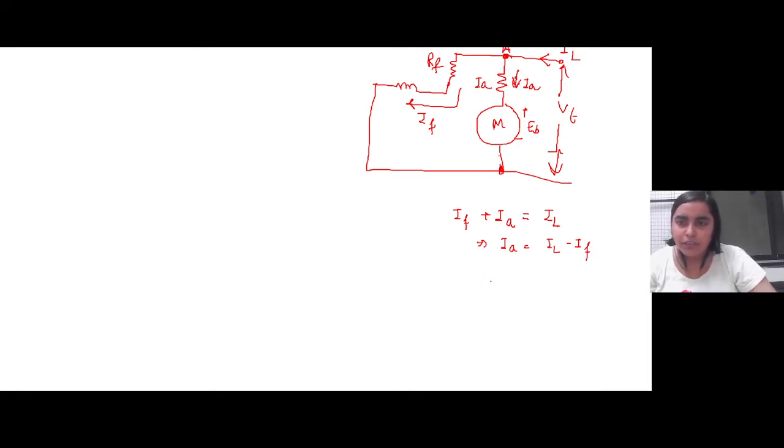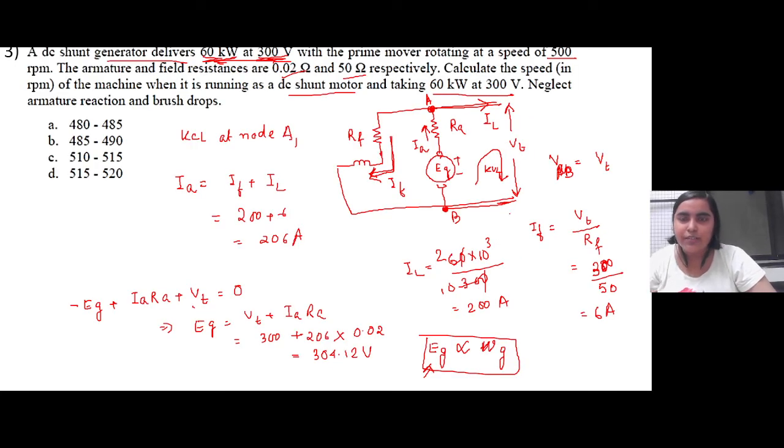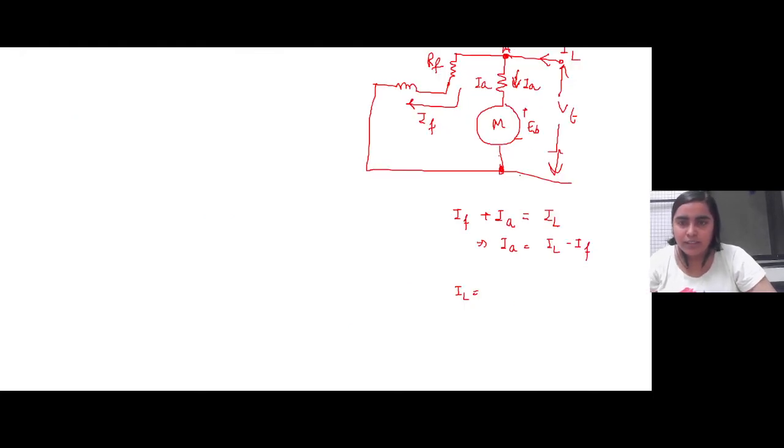Now for the load current, in case of the motor also, it is rated at 60 kilowatt and 300 volt, right? So it is the same thing. The load current will be 60 kilowatt, the power, divided by the voltage 300 volt, which is 200 ampere.